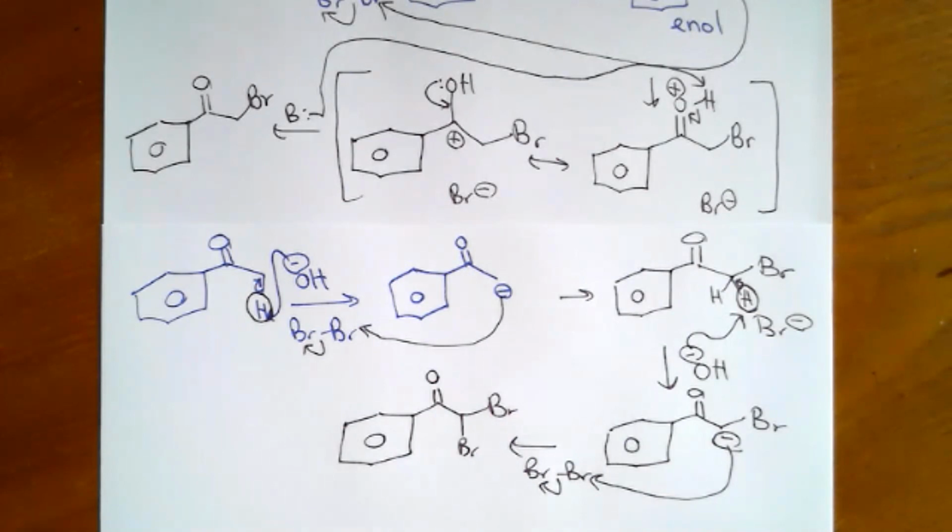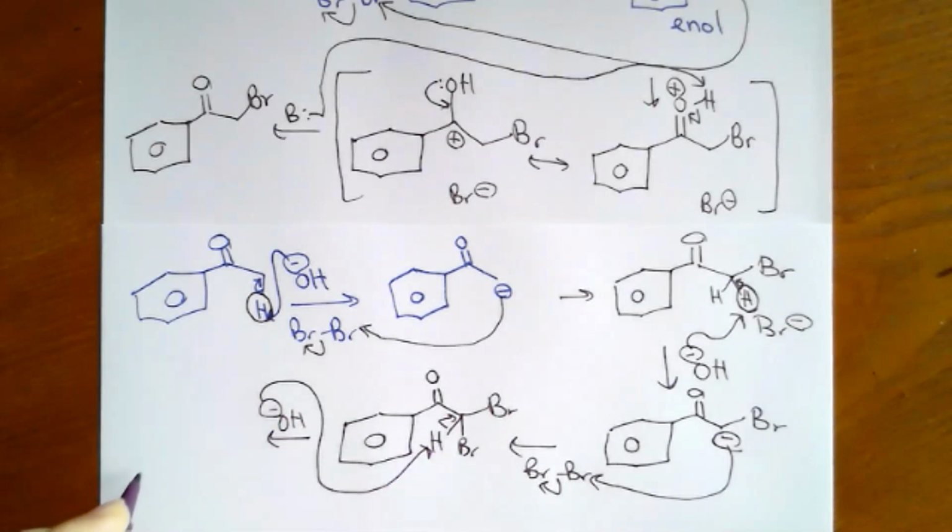And guess what? This hydrogen that remains is even more acidic than that one was. So hydroxide is going to take it again, pluck an alpha hydrogen to make another enolate, a third enolate.